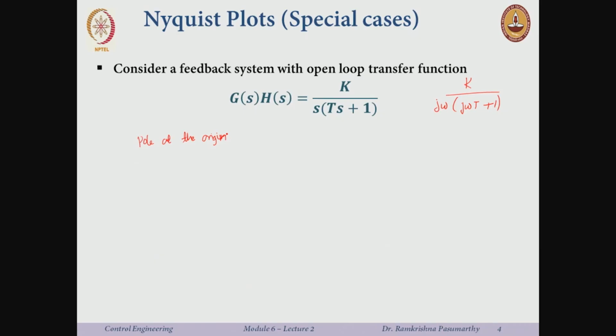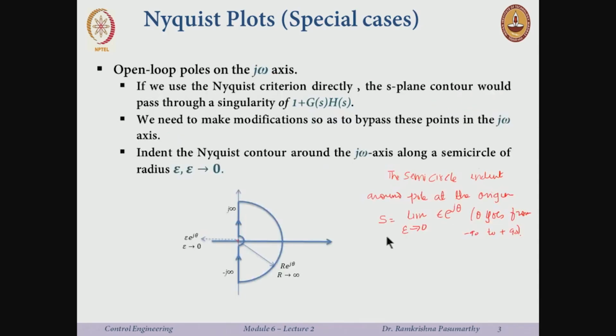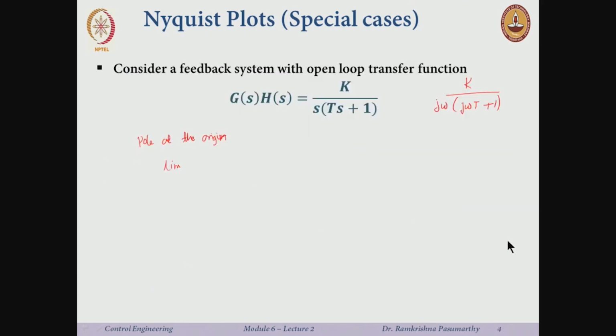So I take this limit, epsilon going to 0, where this is the value of s. Now we will see how this value of s, defined by the little semicircle epsilon e power j theta, with epsilon going to 0 and theta going from minus 90 to plus 90, maps to the QS plane.